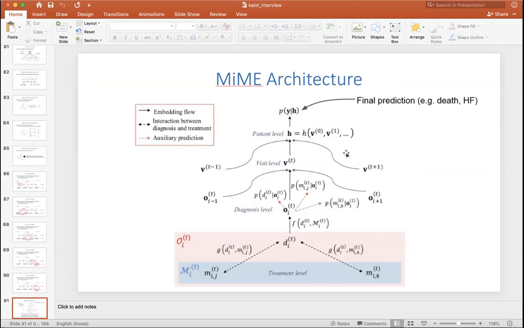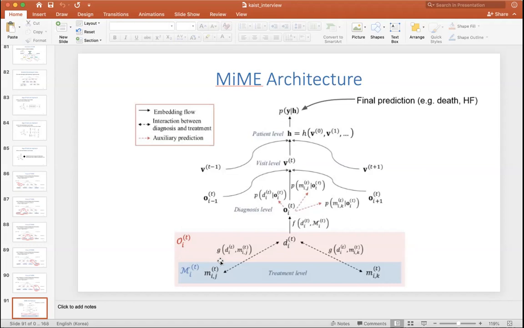Within the visit there's a set of diagnosis objects, 1, 2, 3, and within each diagnosis object there's the main character diagnosis code D, and the set of treatments led by the diagnosis. It's a very hierarchical approach: patient, visit, diagnosis object, diagnosis, procedure, and treatments at the bottom.